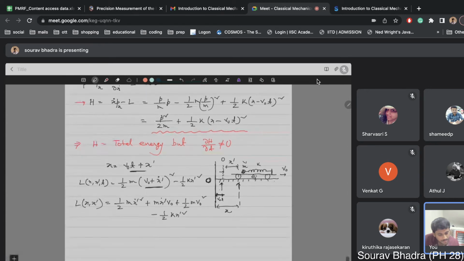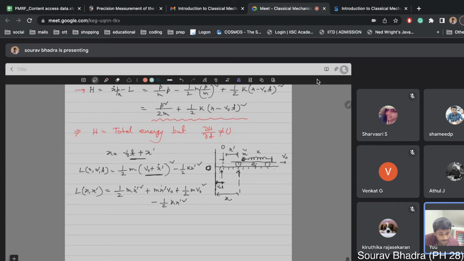So this is our L. Sorry, what I have done here is a blunder. It is a function of x dash and x dash dot, with no x dependencies here. So this is the Lagrangian of this particular system.